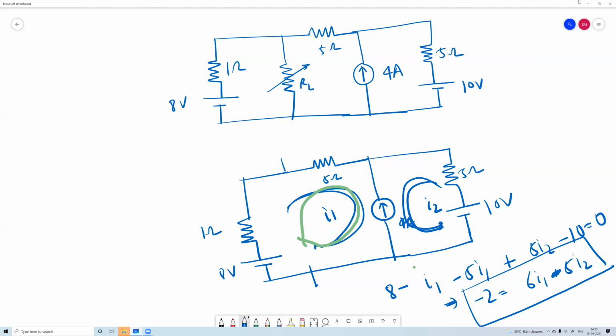What will be the second equation? Check. This current is like this, so I am moving from negative to positive, so it will be positive. And if I move it to the other side, it will be the minus.